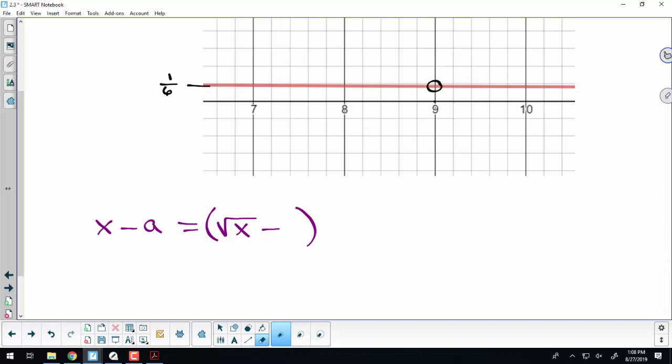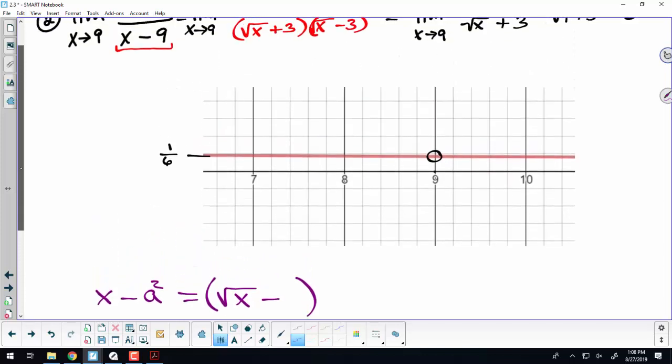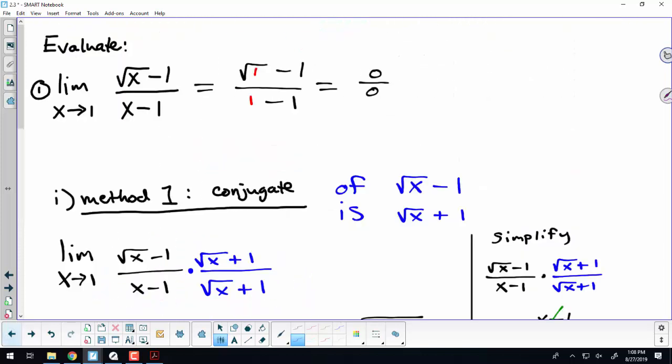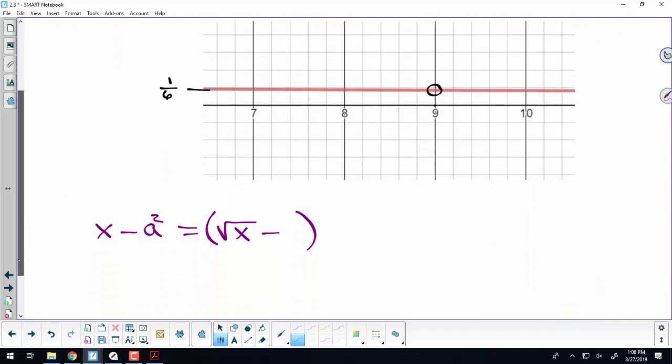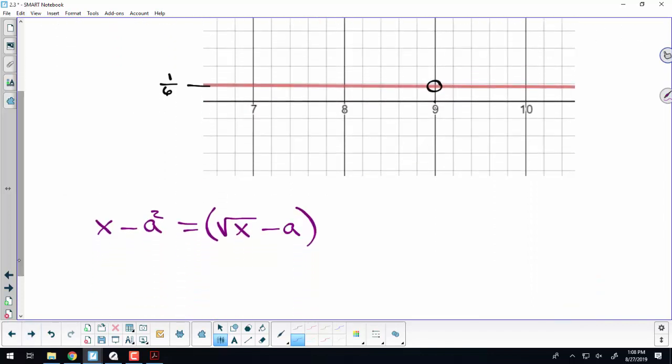I'll just change this. For x minus a squared, like in this one here, x minus 9, or the previous example, x minus 1, we can factor it as root x minus a times root x plus a. But again, that's not always the case, right? Like x minus a squared is very specific.